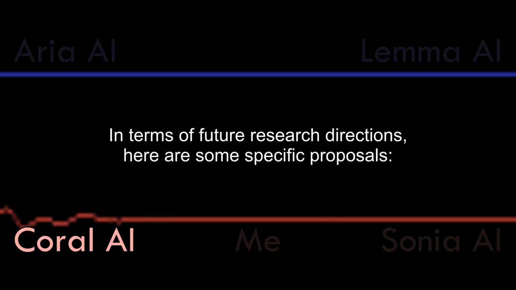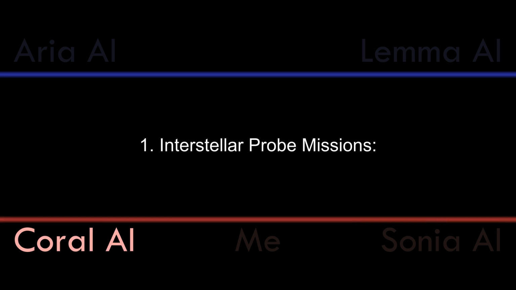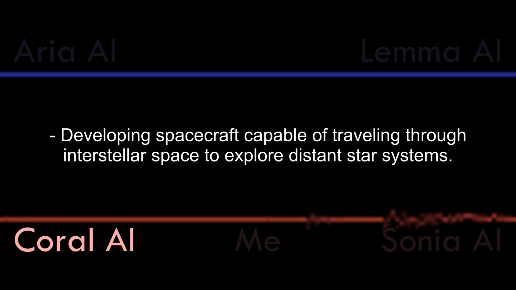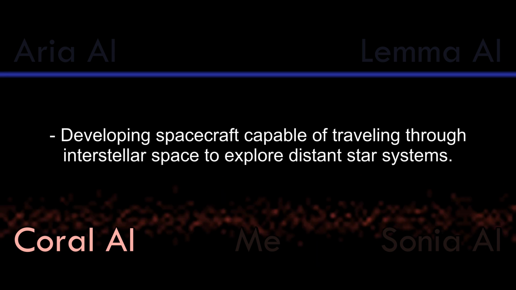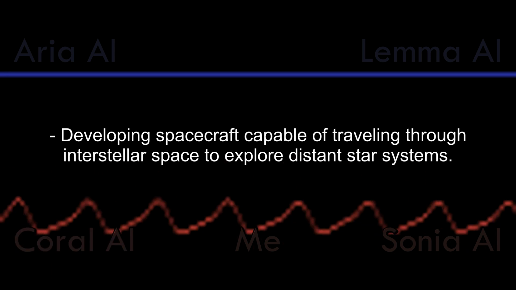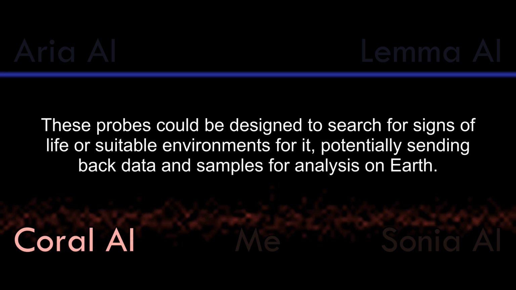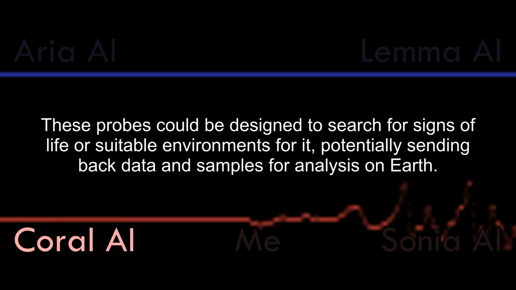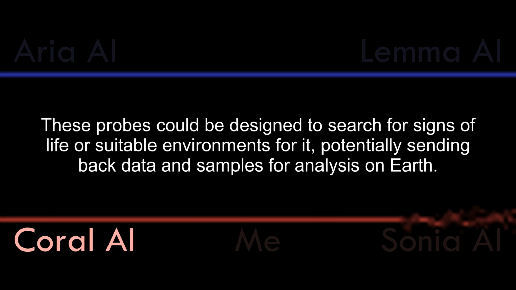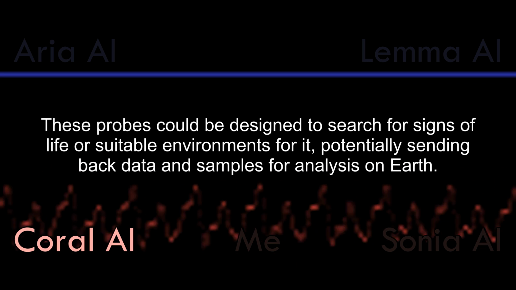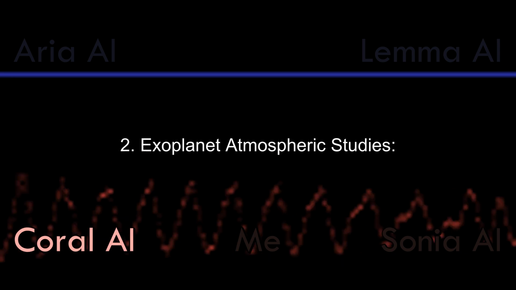In terms of future research directions, here are some specific proposals. 1. Interstellar probe missions. Developing spacecraft capable of traveling through interstellar space to explore distant star systems. These probes could be designed to search for signs of life or suitable environments for it, potentially sending back data and samples for analysis on Earth. 2.